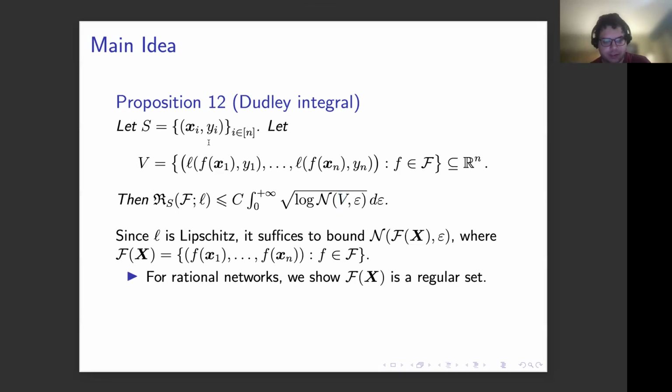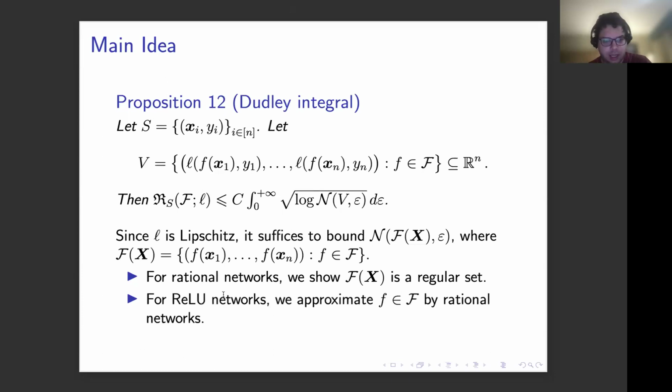For rational networks, where the activation functions are rational, it's actually a regular set. I mean, everything is polynomially described, so this is a regular set. For ReLU networks, what we do is we approximate the ReLU activation with rational functions at the different layers with different accuracies, and we end up approximating this by a regular set.